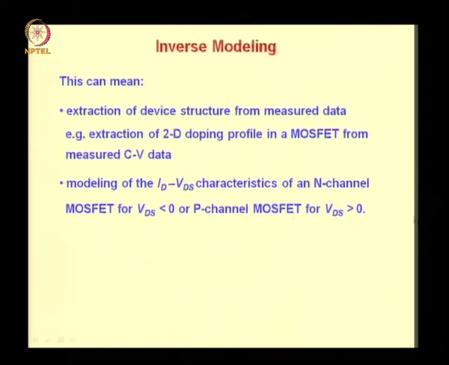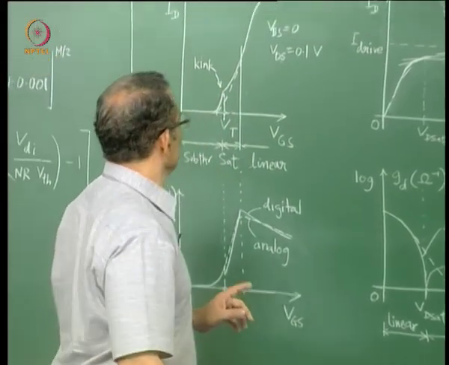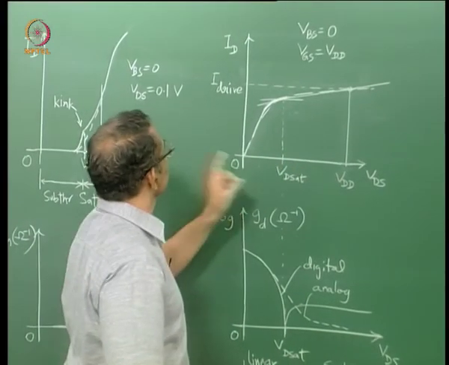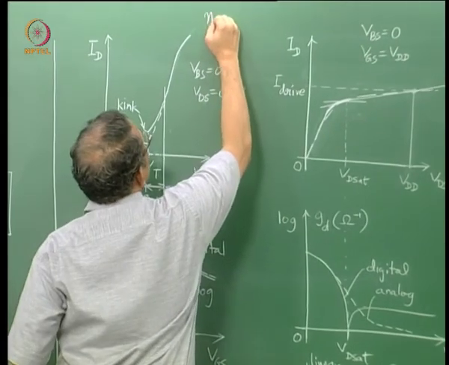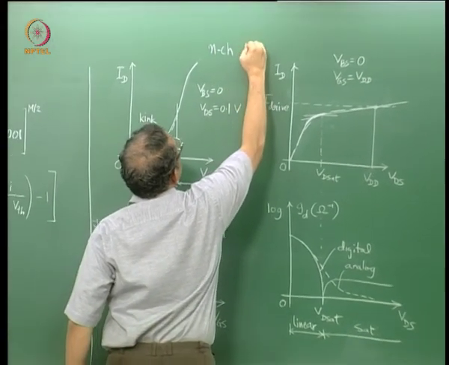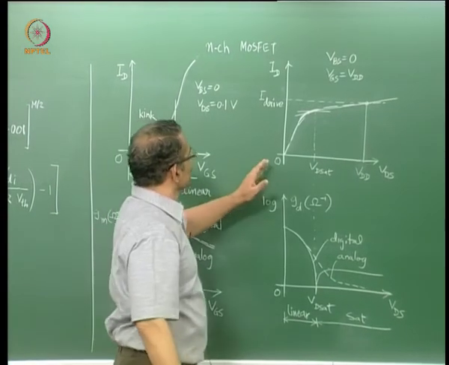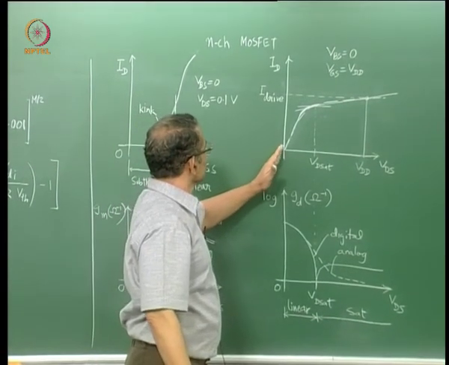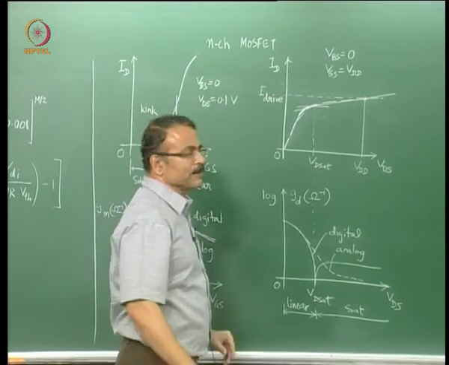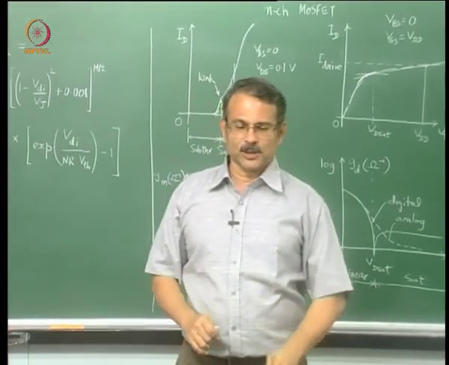So normally we will talk about VDS greater than 0 for an N-channel MOSFET. So all these curves are for N-channel MOSFET. So inverse modeling will involve predicting the curves for VDS negative for an N-channel MOSFET or VDS positive for a P-channel MOSFET.